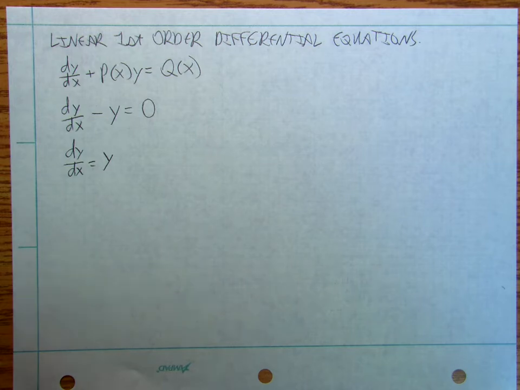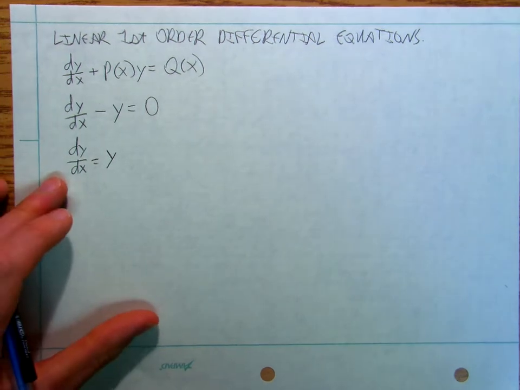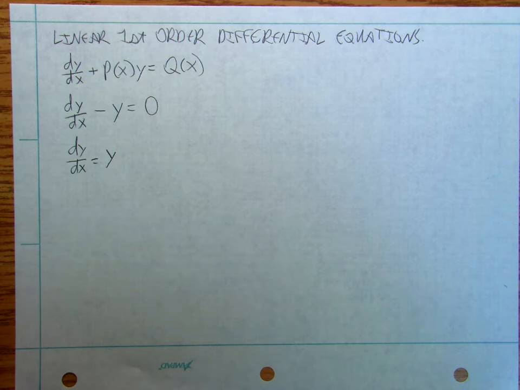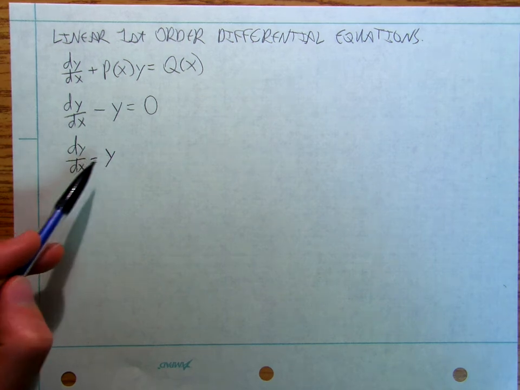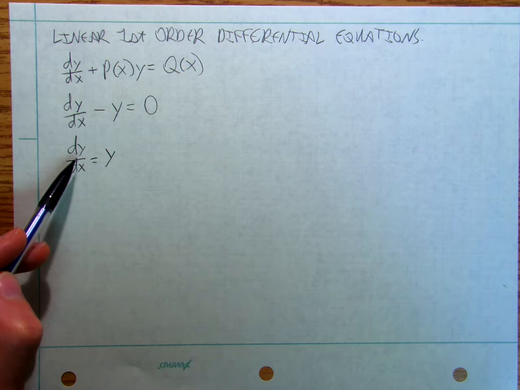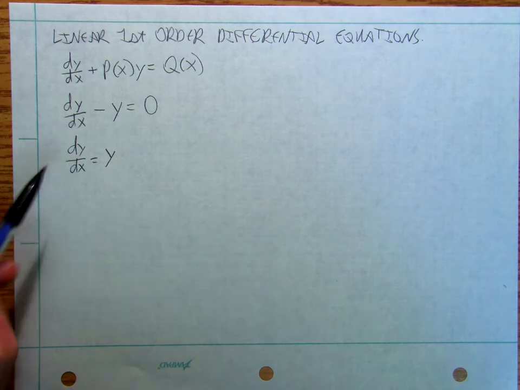And that's a fundamental question in calculus. That's a super important question in calculus. So I'm going to ask it again. I want you to hit pause and I want you to come back when you know the answer. What function is equal to the derivative of that function?